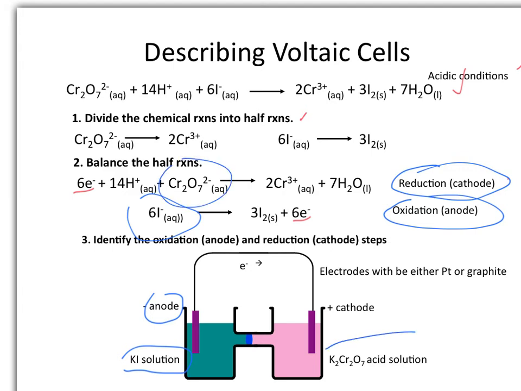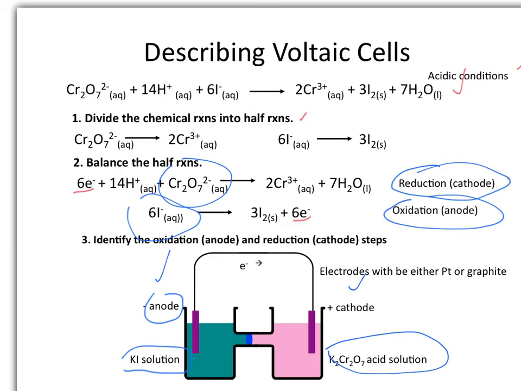So we know that we're going to have a potassium chromate solution in order to facilitate this. So once again, we know what's going to be in our anode and our cathode because we know that we need to have our oxidation and our reductions in specific locations.